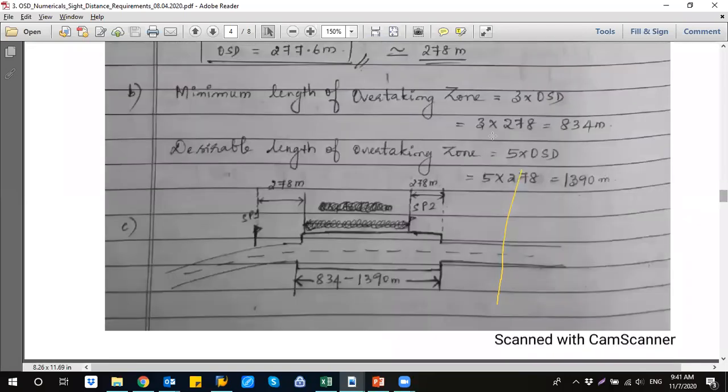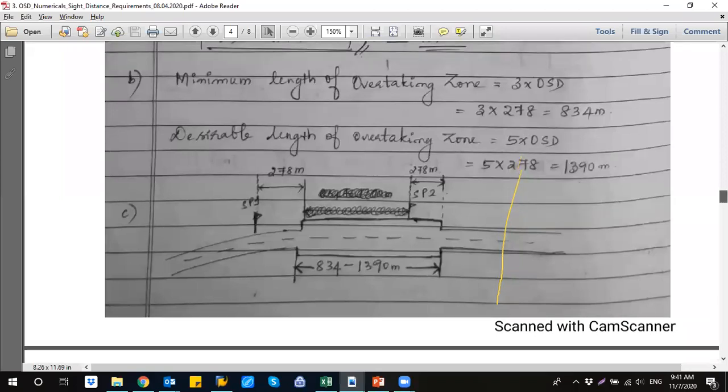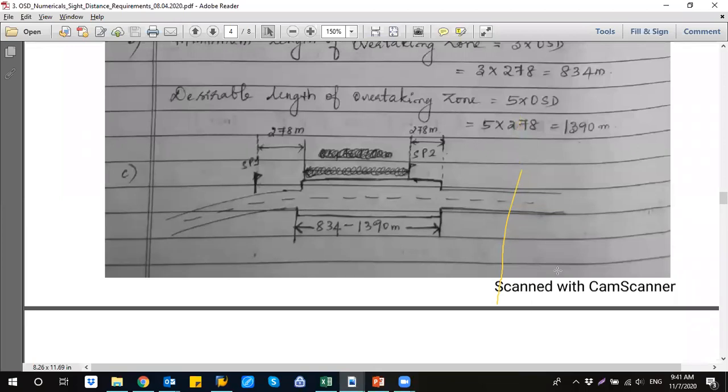Now we have calculated the minimum length of the overtaking zone and the desirable length of the overtaking zone, right? Now what is asked in the third question? We are expected to draw the overtaking zone, so that's what I have drawn here. You can see this is the actual road. In the overtaking zone, the roads are widened, right?